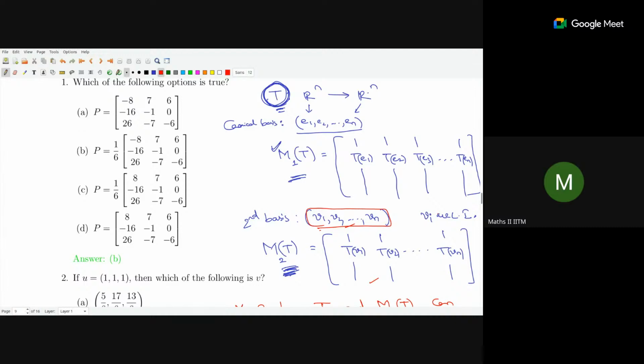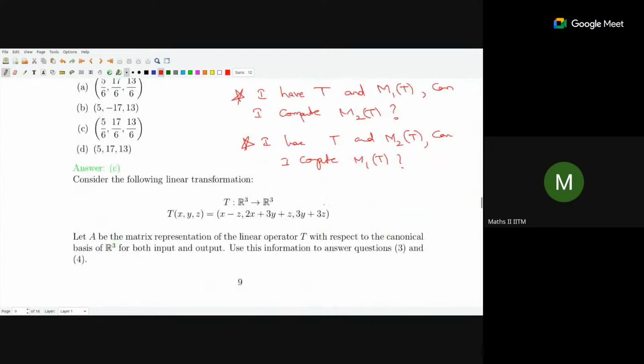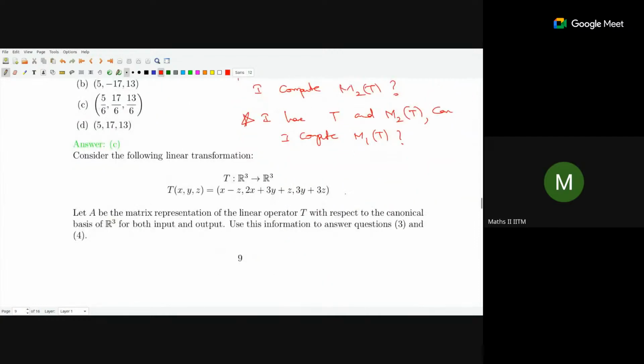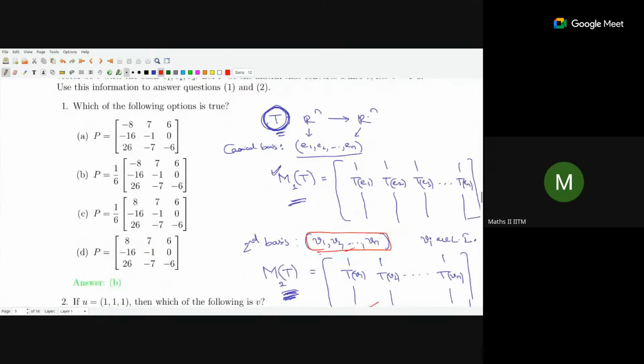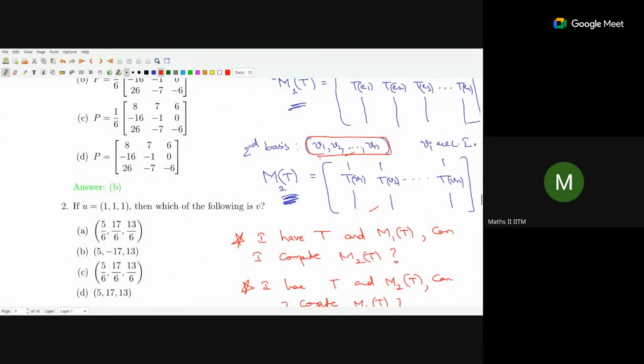Is there a way to change from the canonical basis to another basis, or the second basis to the canonical basis? There are straightforward formulas. If I have to derive it, I think 25 minutes will not be sufficient, so I would have to stop in between. I urge you to go back and watch that lecture. That is the best explanation I have seen so far. It's just a straight formula you have to use.